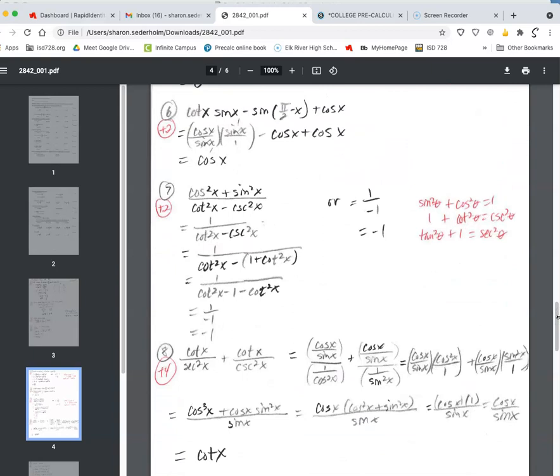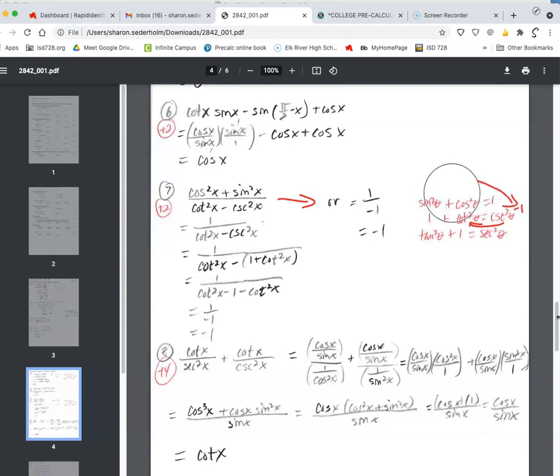Number 7, this one also just said simplify the expression. So again, could have been a very, very quick and easy problem. If you noticed, cosine squared x plus sine squared x is 1, and cotangent squared x minus cosecant squared x, well, you'd have to move the 1 over to the other side, and that would be a negative 1.